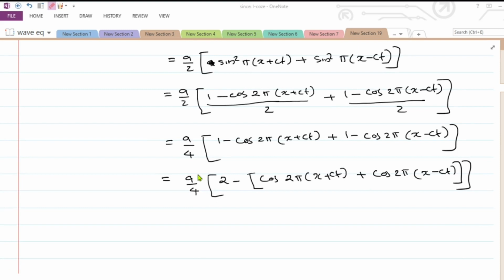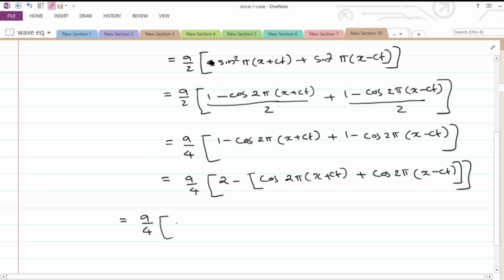Now we use the cos a plus b, cos a minus b form. I can write this more clearly. So this is equal to a by 4 into 2 minus, this is 2 pi x plus 2 pi ct, this is 2 pi x minus 2 pi ct.